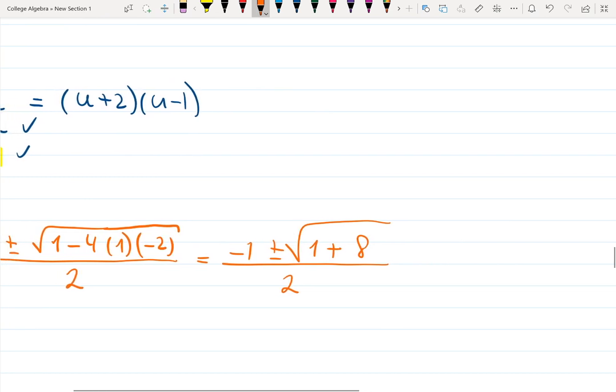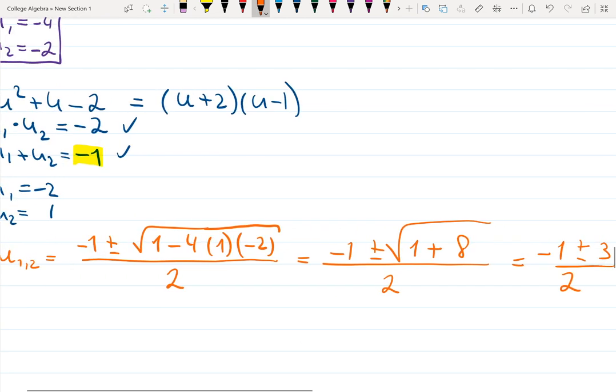Well, the square root of 9 is 3. So I'm going to have plus or minus 3 over 2. So the first root, u1, will be minus 1 plus 3 over 2. And 3 minus 1 is 2. 2 over 2 is 1, which matches the answer we had before.